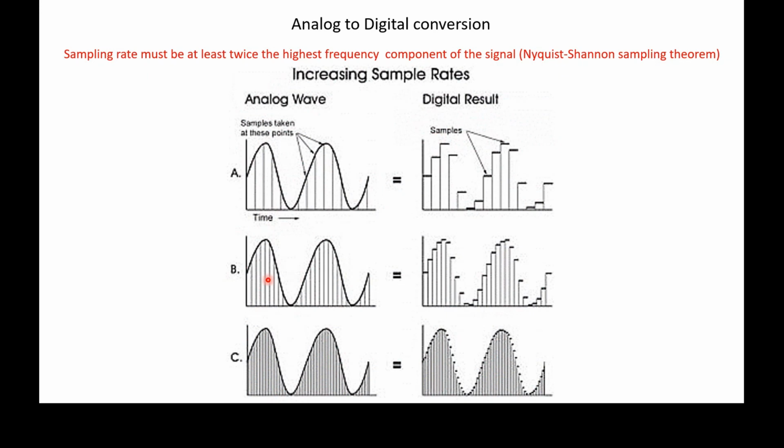If we take more frequent samples, it begins to look better and better. And at this kind of frequency of sampling, it looks more like the sine wave that we started with. So it's very important that our analog to digital conversion samples the signal at the appropriate frequency of sampling.